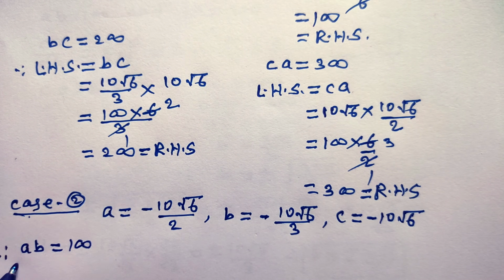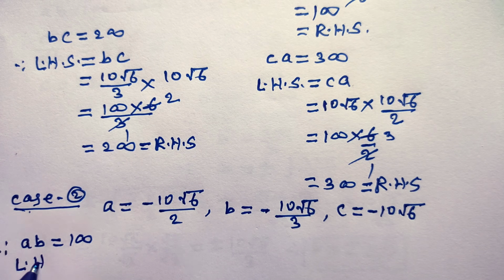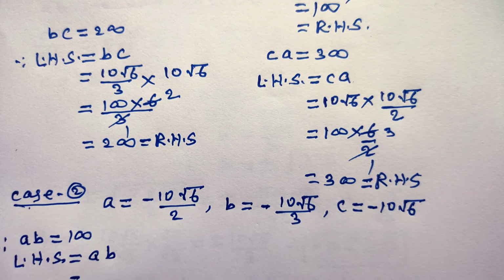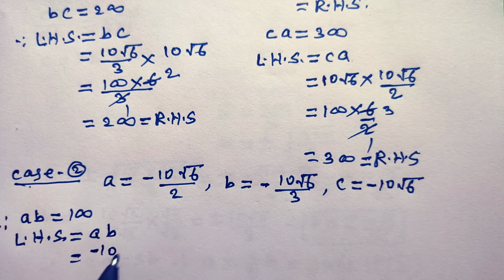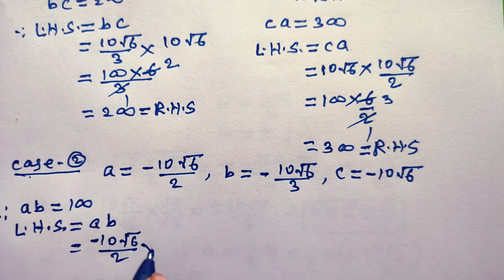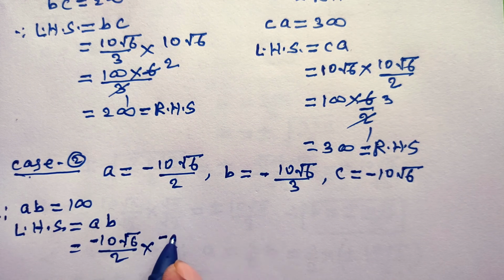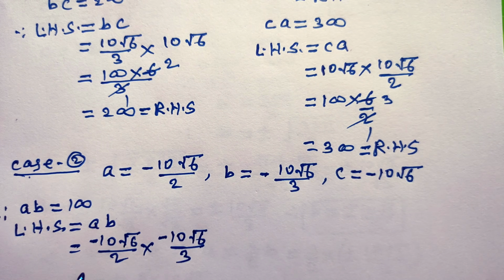Here LHS is AB, and here A is this value minus 10 root 6 divided by 2 into B is minus 10 root 6 divided by 3. Calculate this.